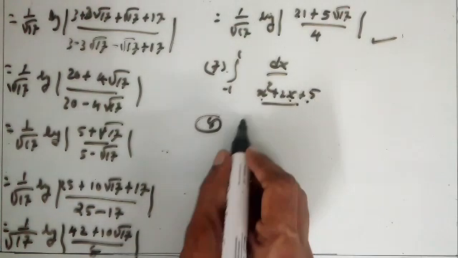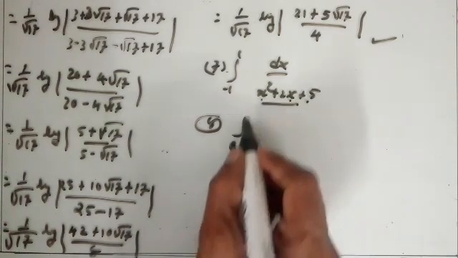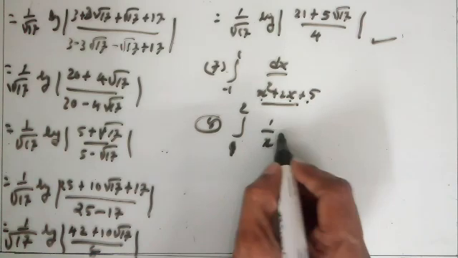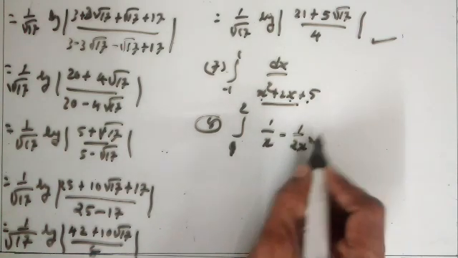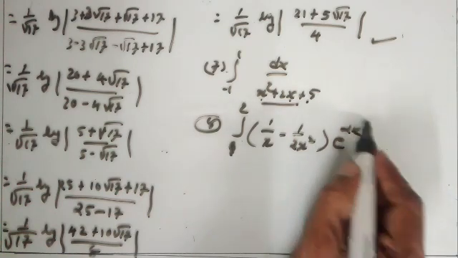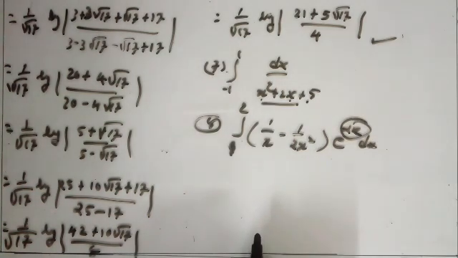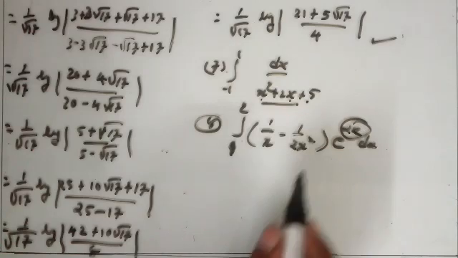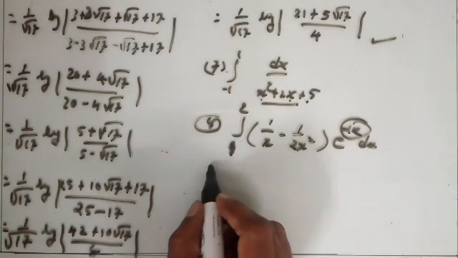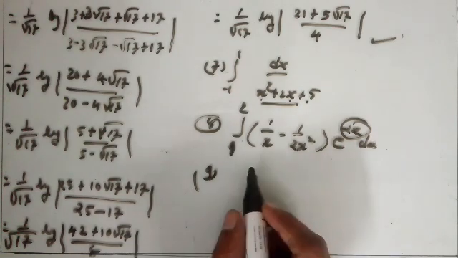Question number 8, from 1 to 2 of (1 upon x minus 1 upon 2x square) e raised to 2x dx. First suppose 2x is equal to t and get an answer. Clear? And the question number 9 and 10 are objective questions.